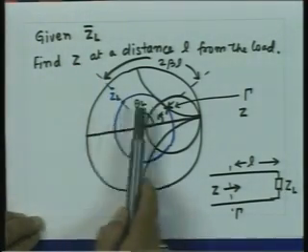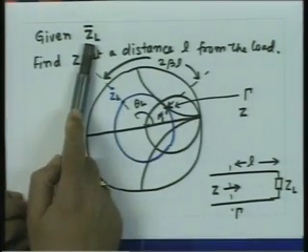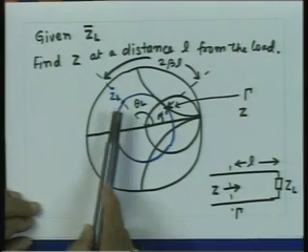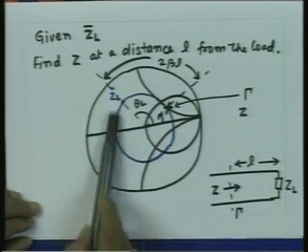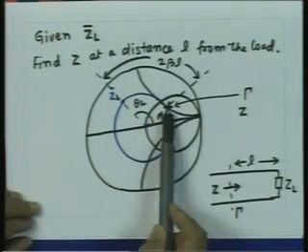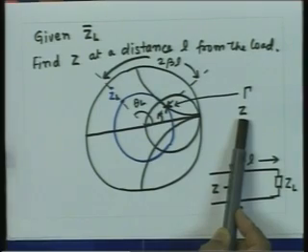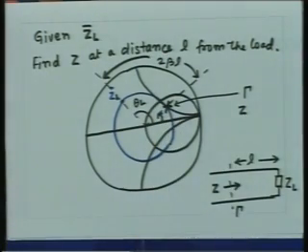You simply take this point as a normalized admittance point, mark the normalized admittance there, draw the constant VSWR circle, rotate it by an angle equal to 2 beta L, and the new point will correspond to the admittance at that location, and that value can be straight away read off from the Smith chart.